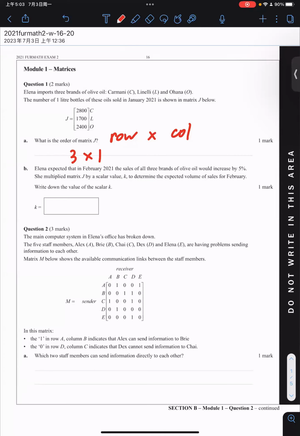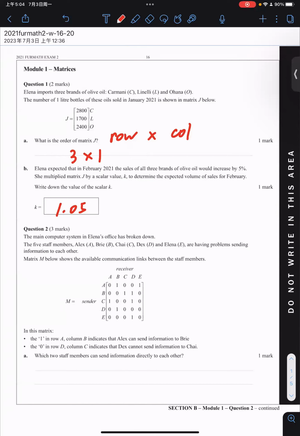We should also consider the original part. Then the scalar would be 1.05, like the whole lot plus the increasing part. So number 1 plus 0.05. Almost half of the students make the mistake. It is worth just 1 mark. However, the total exam does not have many marks for you to make mistakes.